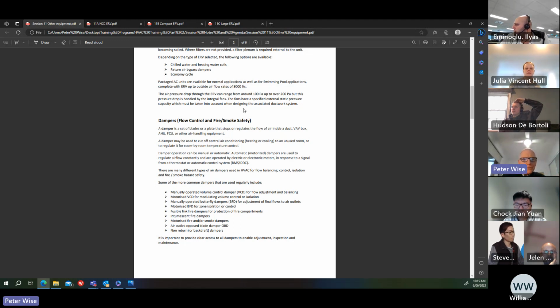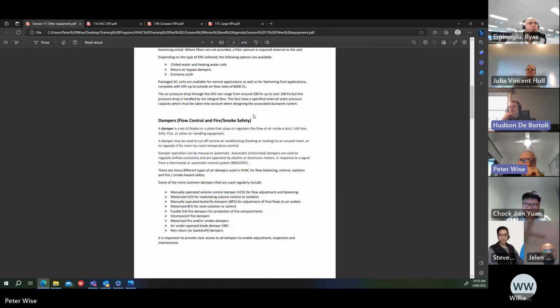All the units have fans built into them, so you don't have to put fans in there. They'll always have fans in them. But some of the smaller ERV units don't have filters, and it's advisable to have a filter in the outside airstream at least to keep the plate heat exchanger clean, because they're very difficult to clean if they get dirty.